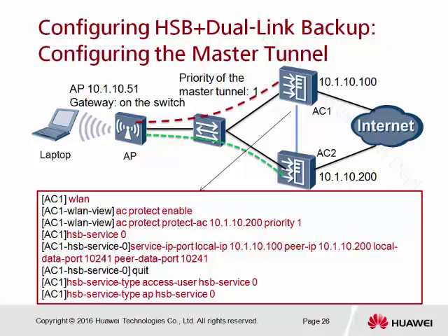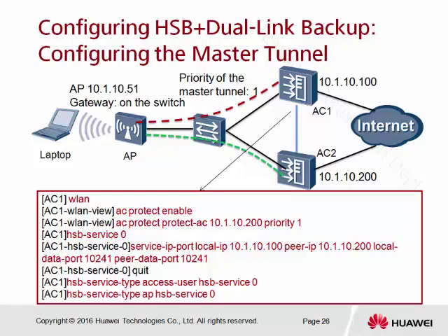After enabling AC protect, now return to the system view using the command HSB-service followed by the ID number. Right now we're inside the HSB service view. Over there, you need to tell the HSB service the peering IP and the port. We use the command service IP port, followed by the local IP.